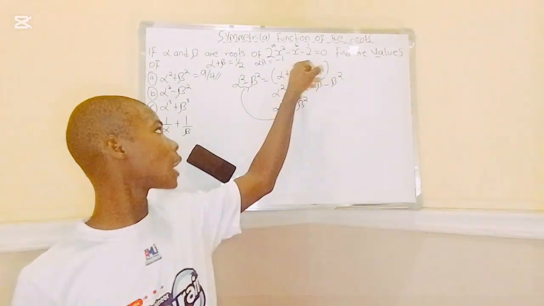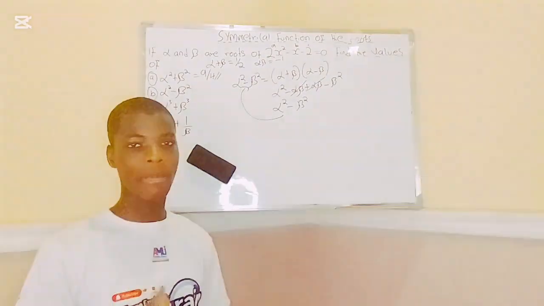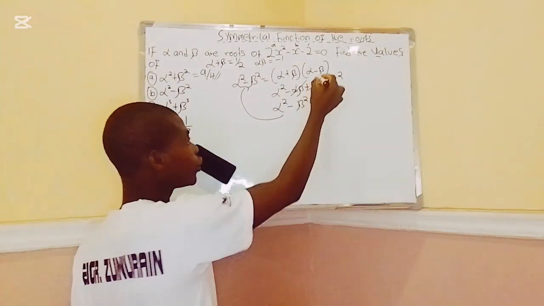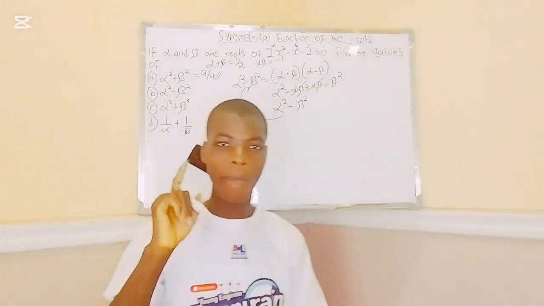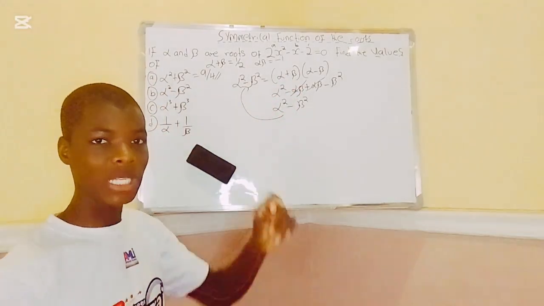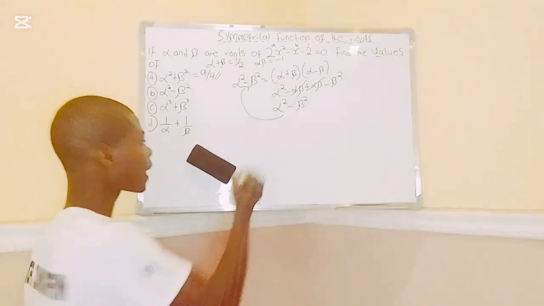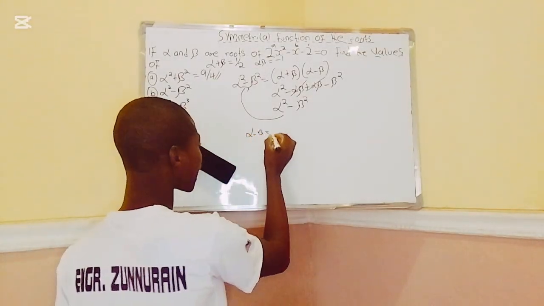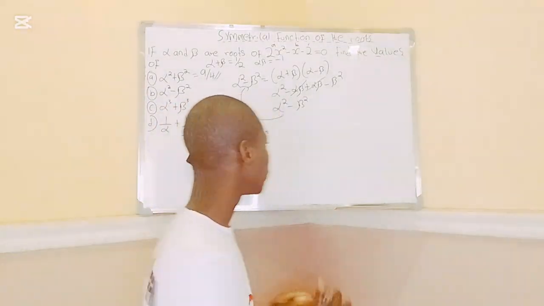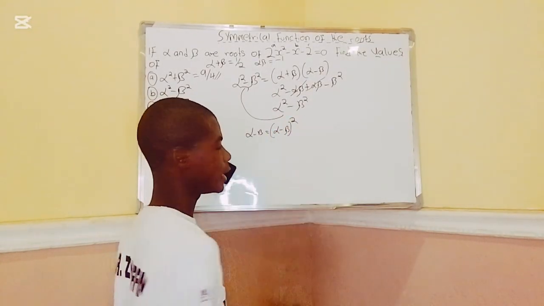So therefore, we can use alpha plus beta and alpha minus beta. But we do not have the value of alpha minus beta. I only have alpha plus beta, which is the sum of the roots, but I do not have alpha minus beta. So alpha minus beta cannot be found directly, unless we use alpha minus beta squared.